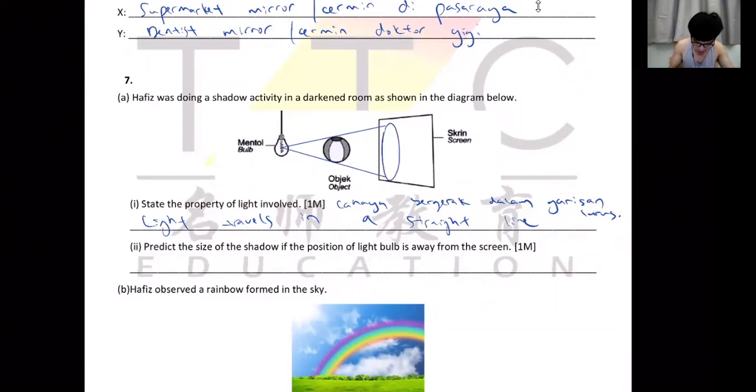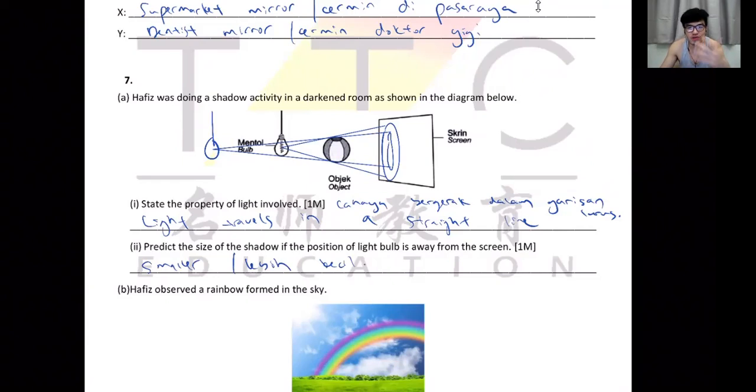But if I move my light away here, you draw it again. Now my ball will look like this. Can you see? I move my light away, my shadow got smaller. Okay, smaller. Okay, menjadi lebih kecil.